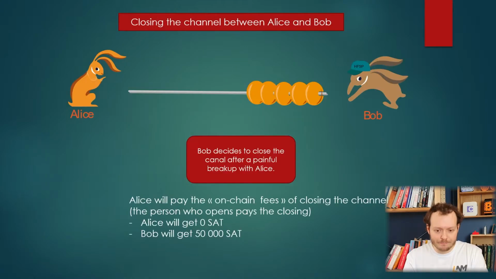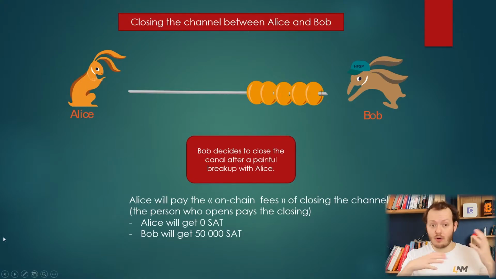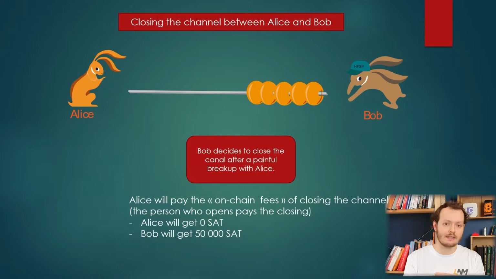So if we move on, when it's over, when they finally decide to stop doing business with each other, Bob or Alice can simply close the channel and, like I said, reclaim the Bitcoin on-chain. There are different types of closing mechanisms, meaning that maybe Alice can close it, maybe Bob can ask to close it, maybe they can both coordinate the effort to close it, or maybe one or the other is going to try to cheat.